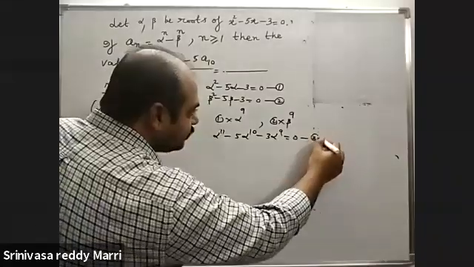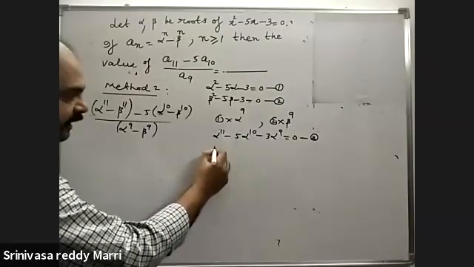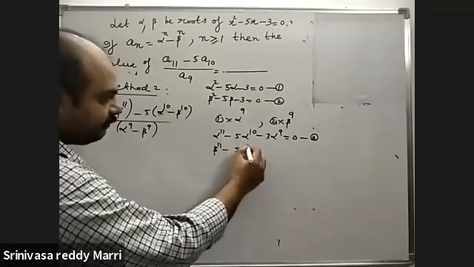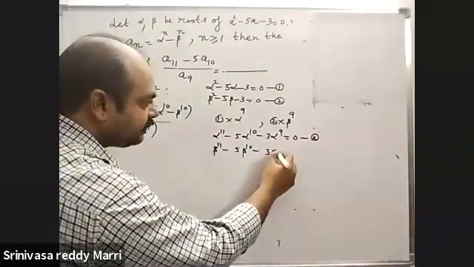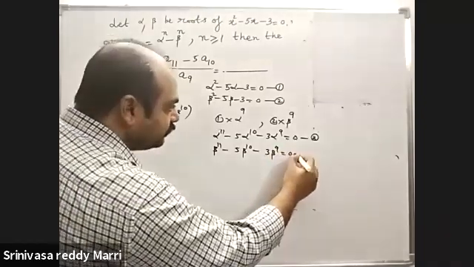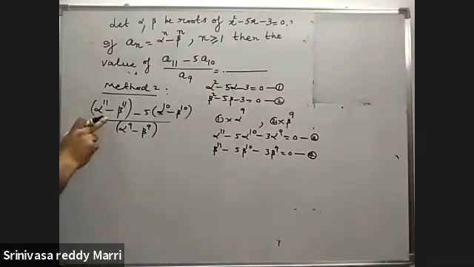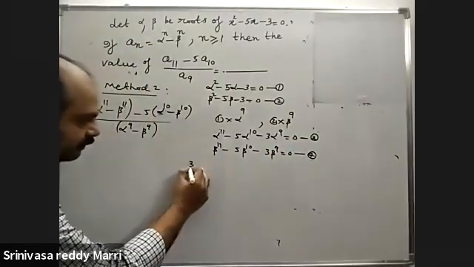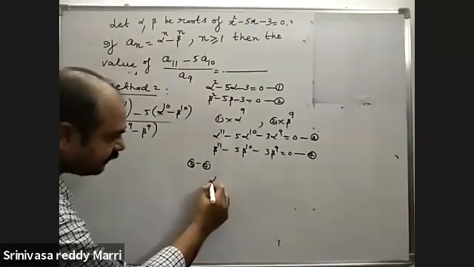Let us call this the third equation. Next, multiply this with beta to the power 9. You will get beta to the power 11 minus 5 beta to the power 10 minus 3 beta to the power 9 equal to 0. Let us call this the fourth equation. Now look at how the difference works. Difference means third minus fourth.